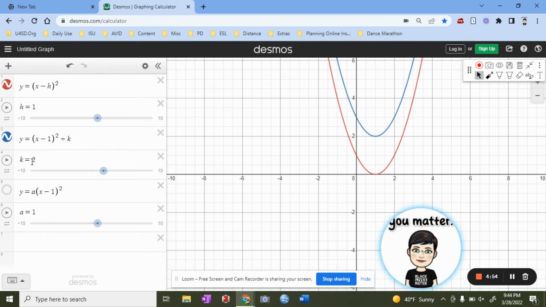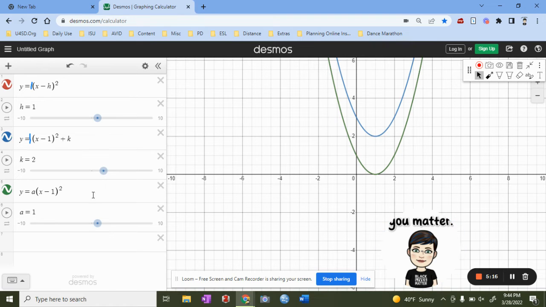Well, what happens if we change that coefficient in front? Remember, if I don't have anything typed in, my coefficient is 1. So we're multiplying that whole thing by 1. So let's see what happens now if I turn this graph on.